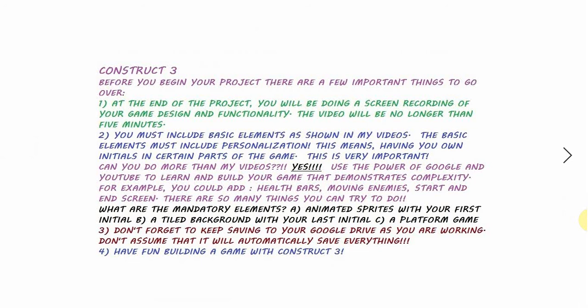Second, you must include basic elements as shown in my videos, which are upcoming. The basic elements basically ensure that your game is personalized and you have built this game, not someone else, or you've got it from somewhere. So very important that you follow the instructions when you build this. You must have your own initials in parts of the game.